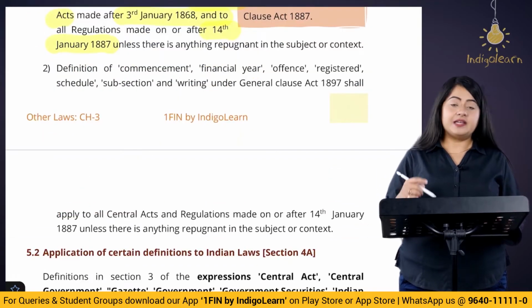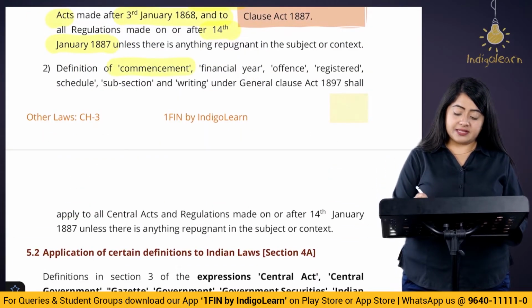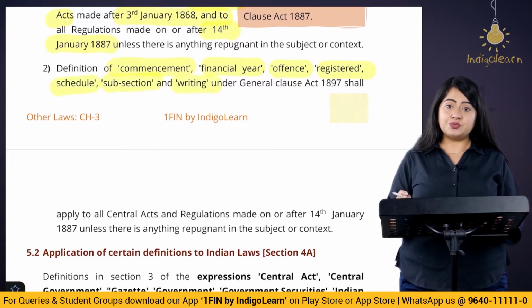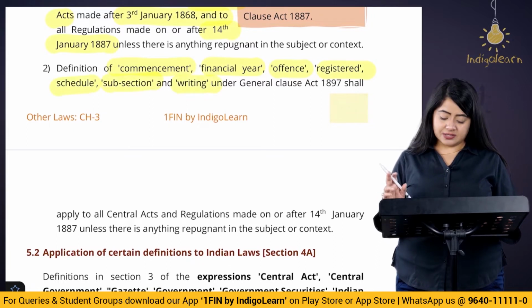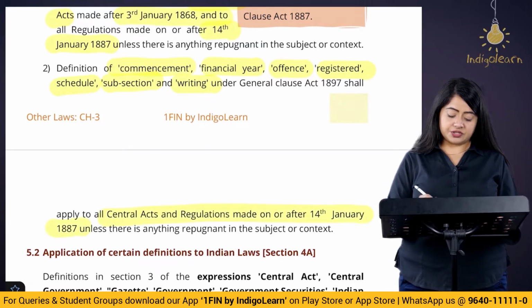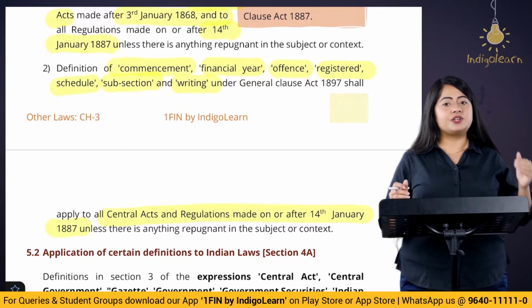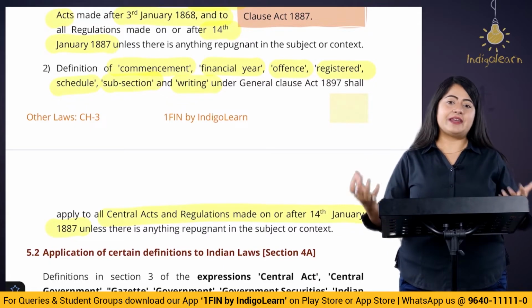Now some other definitions, that is the words commencement, financial year, offence, registered, schedule, subsection, writing, their definition in the General Clauses Act is applicable with respect to central acts and regulations made on or after 14th January 1887. So this section simply defines the applicability of certain definitions on the different enactments that came out.